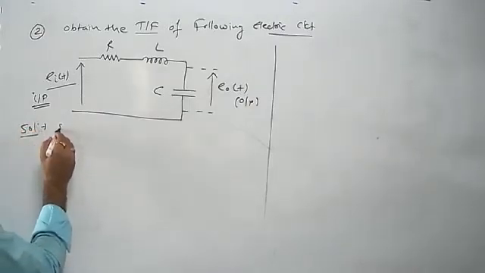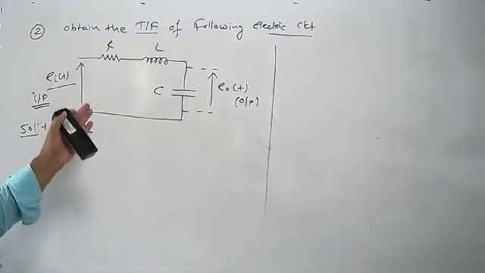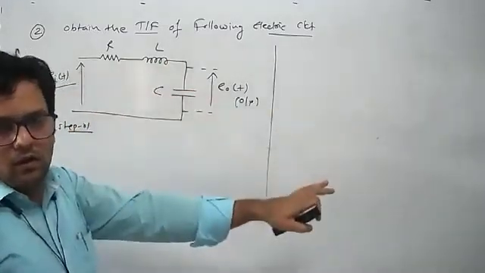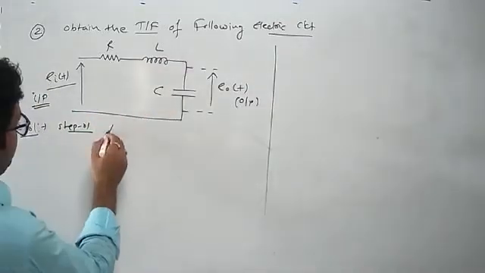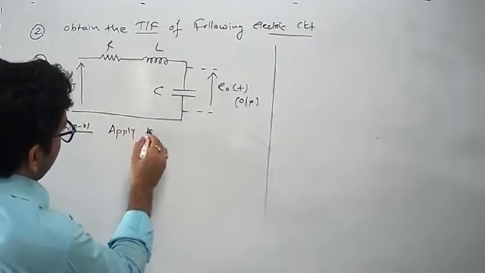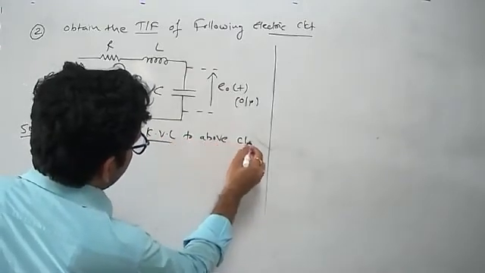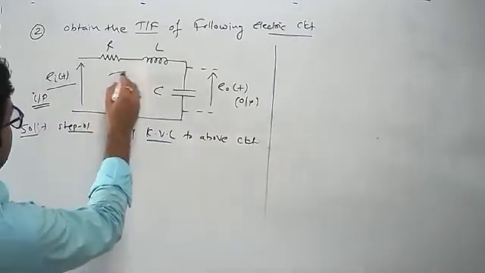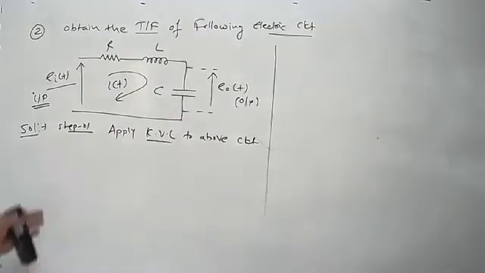So first of all we need to apply step number 1. In step number 1 we need to apply the concept of Kirchhoff's voltage law, current law, or Ohm's law, in order to find the mathematical modeling. So if we apply Kirchhoff's voltage law to the above circuit, let us consider that the instantaneous value of current flowing through the circuit is I of t.